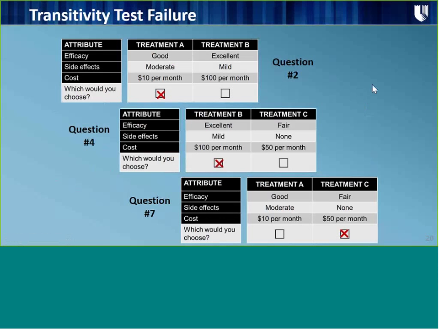The problem with this is that it is an inefficient experimental design. We use up some opportunities to collect meaningful preferences to put in a triplet like this, which doesn't really tell us anything more about preferences than if we just asked 2 questions.